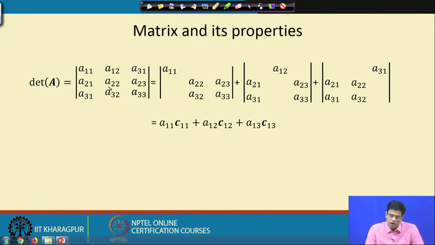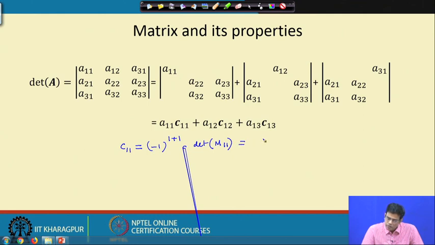This is the formula we have just discussed. The cofactor C11 is essentially minus 1 to the power 1 plus 1 times the determinant M11, so this will be plus 1.